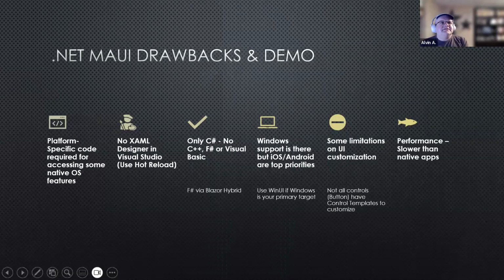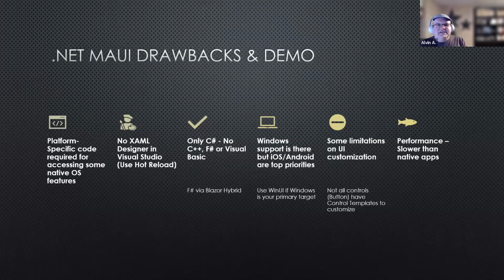So some drawbacks. If you have a lot of device-specific stuff that you're going to be doing, you can end up having more platform-specific code, so writing more code separately for each different platform. Like WinUI, there's no XAML designer to build your UI.